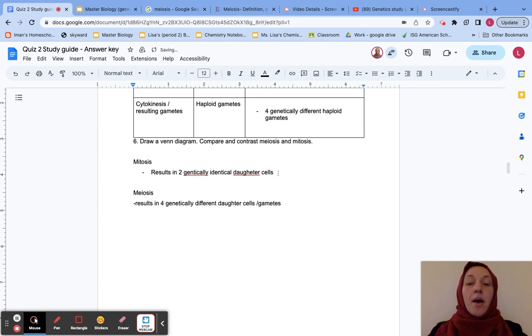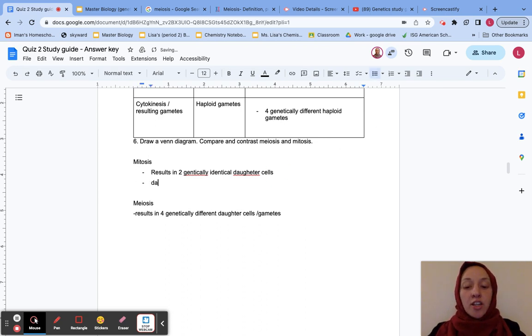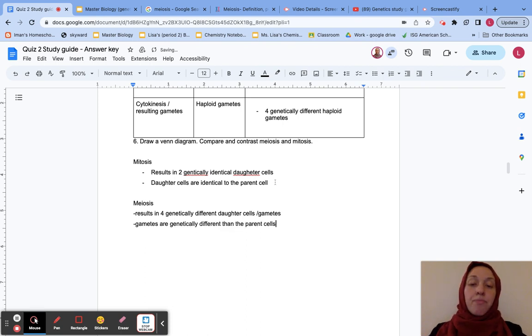Okay. In mitosis, our daughter cells are identical to the parent cell, whereas in meiosis, the gametes are genetically different than the parent cell that we started with, right?